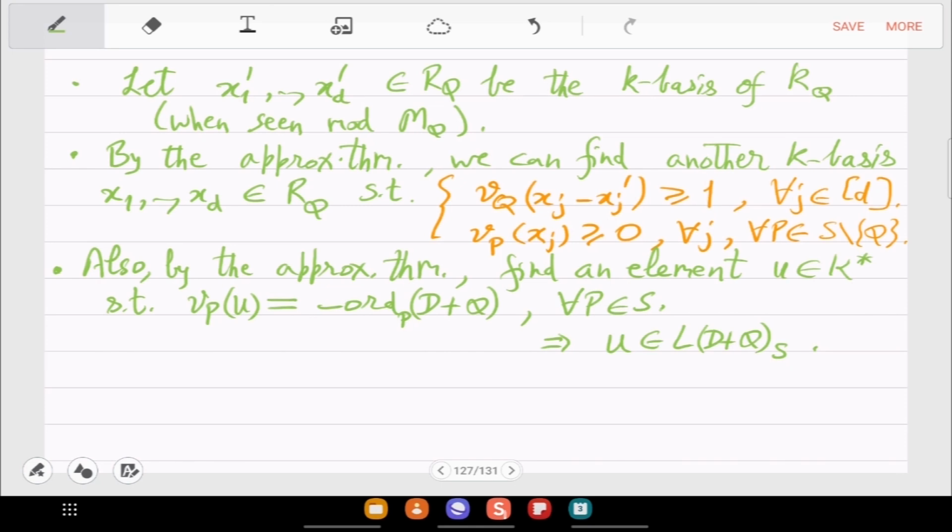And the advantage of this u is that now any rational function in the L d plus q sheaf satisfies this condition.